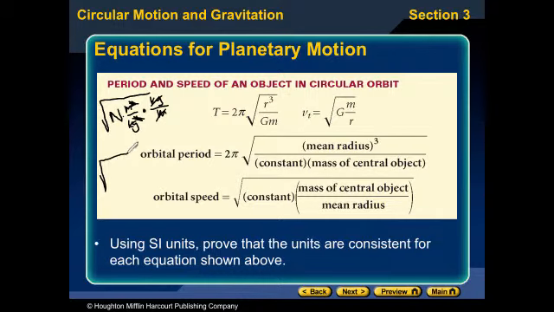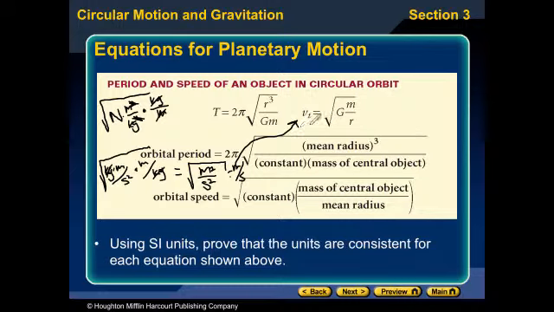And we said a Newton is a kilogram meter per second squared, times a meter over kilogram. The other kilogram is going to cancel out. Now we have the square root of a meter squared over a second squared, which gives us just meters per second, which is what we need for speed. So we do have the right units.